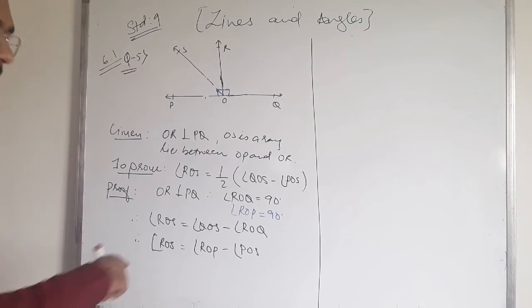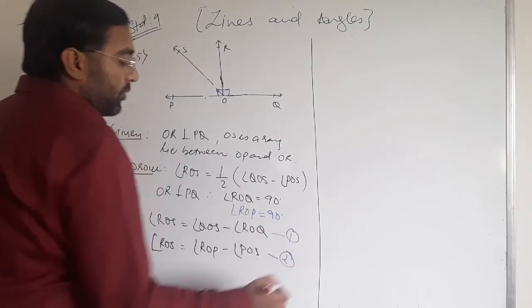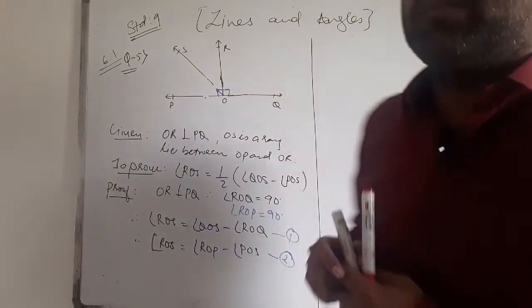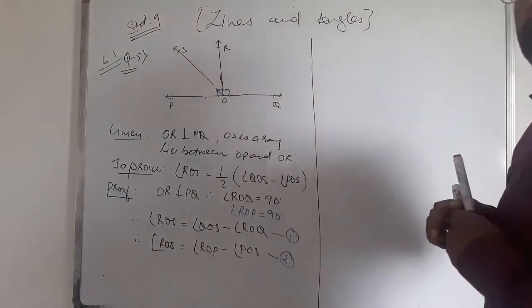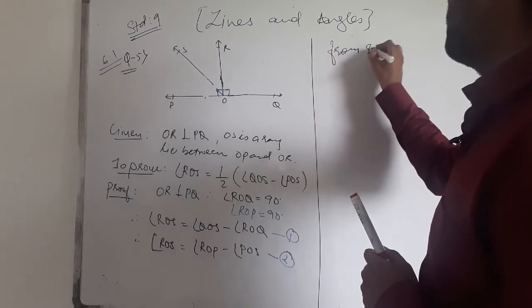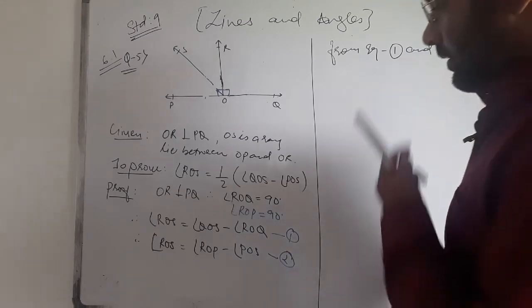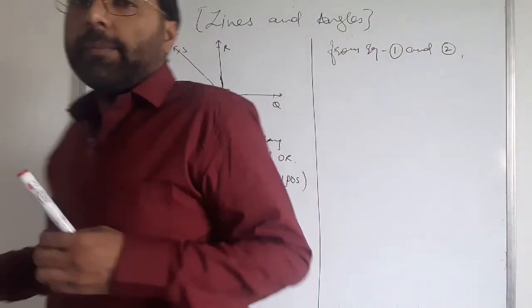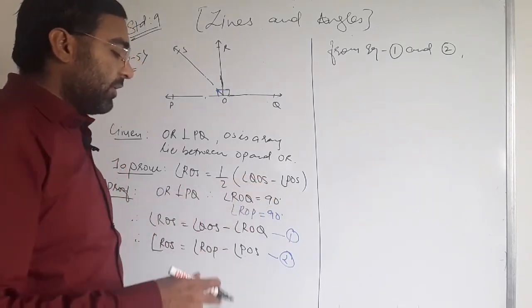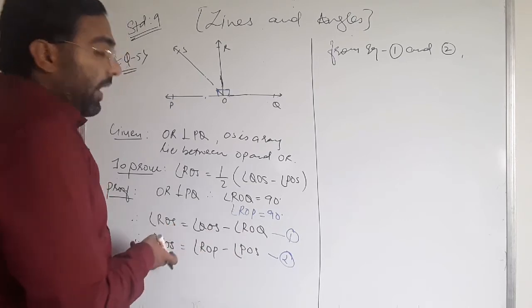Now we have to calculate these two statements, equation 1 and equation 2. From equation 1 and 2 we have to add them, because I want QOS, POS and also ROS.